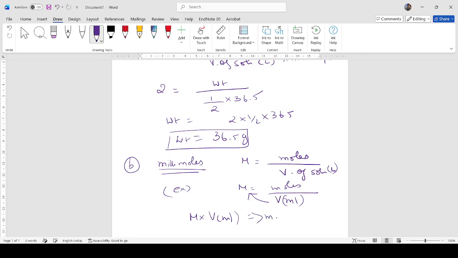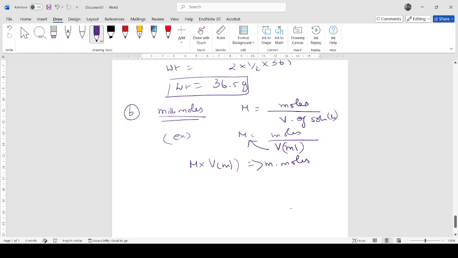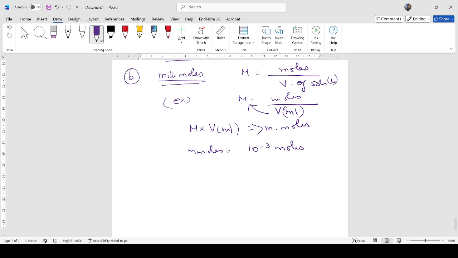I will get millimoles. Molarity multiplied by volume in ml will give me millimoles. Millimoles is nothing but equal to 10 power minus 3 times moles. Understood this? Yes, ma'am. Alright.